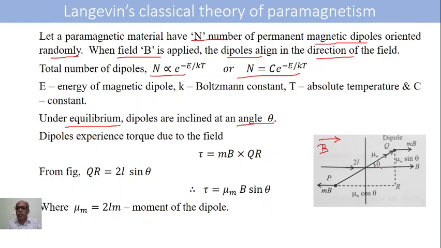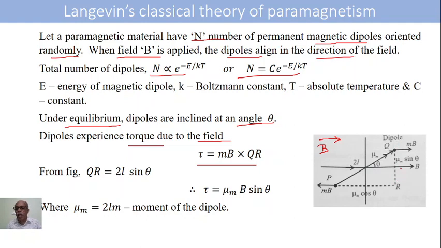Because of the presence of the magnetic field, the dipole is rotated through an angle theta, because of which the magnetic dipole experiences a torque. Two equal and opposite forces acting on a dipole will rotate the dipole, and that we call the torque. The torque on this magnetic dipole due to the external magnetic field is given by tau equal to mB multiplied by QR, where m is the pole strength of each dipole, B the magnetic field, and QR is this distance.